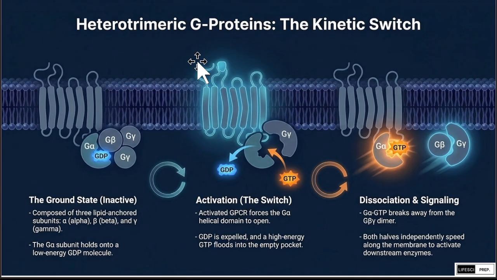When a ligand binds to the N-terminal, GDP is switched to GTP, where the G alpha activates and detaches from G beta and G gamma. This G alpha further activates adenyl cyclase, etc.